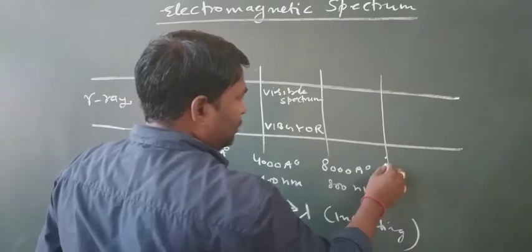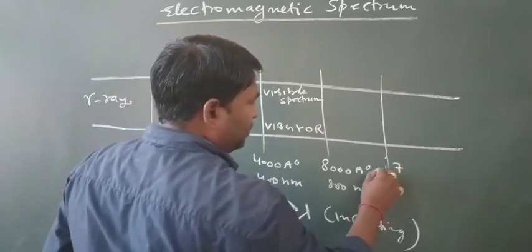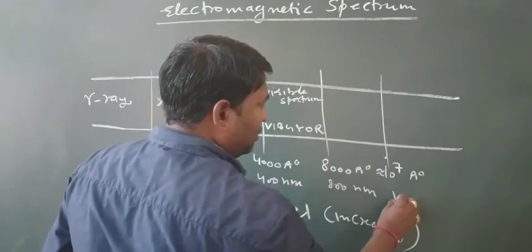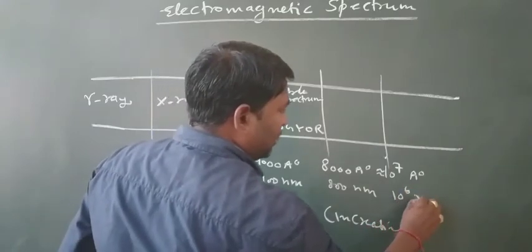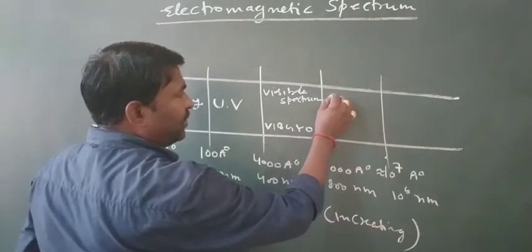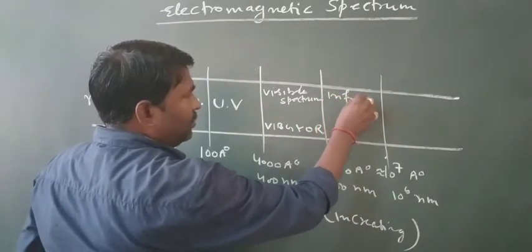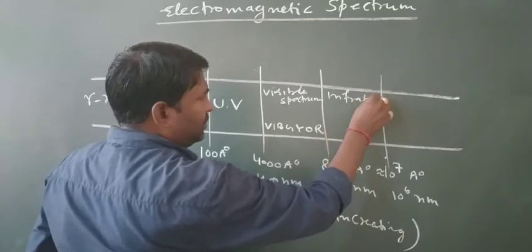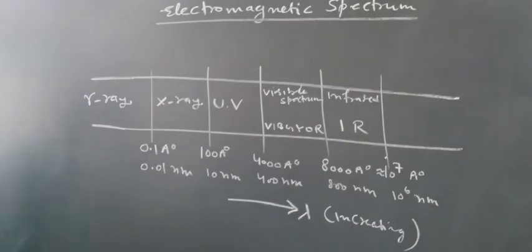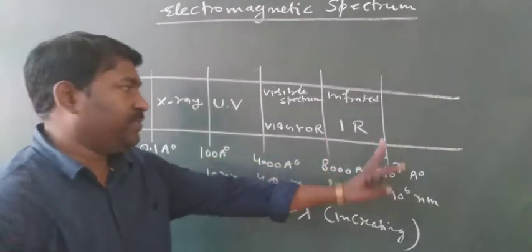Here, till the order of 10 power 7 angstrom, or the order of 10 power 6 nanometer, it is infrared, IR in short, the infrared spectrum.